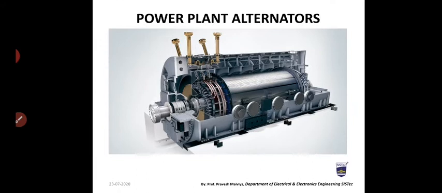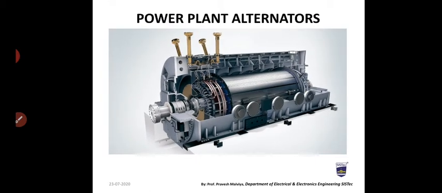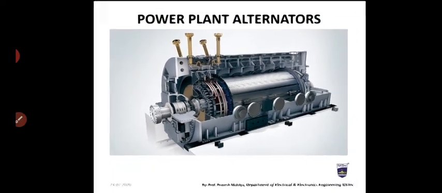Synchronous generators are the machines which are given rotating mechanical power, and this rotating mechanical power is then converted into electric power. So at power plants, these generators are very large in capacity, in ratings, and these can generate up to thousands of ampere of current.